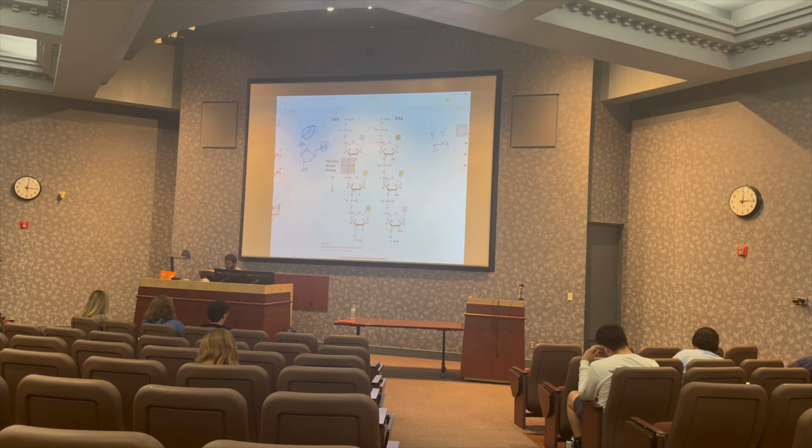If you make a similar nucleotide here, you have a nitrogenous base, which could be purine or pyrimidine, an OH group, and a CH2OP. The phosphate has P double bond O, an O negative, an OH, and an OH.